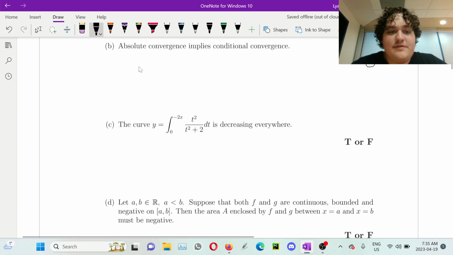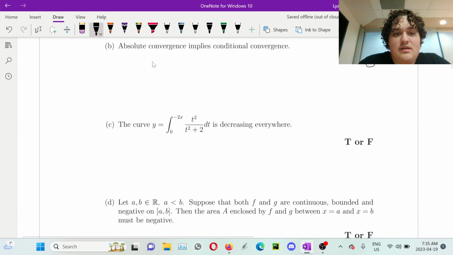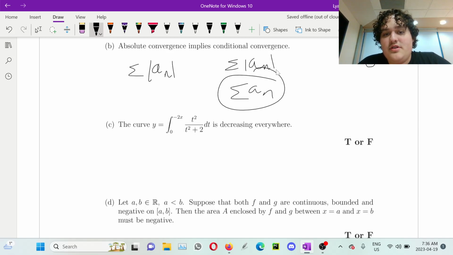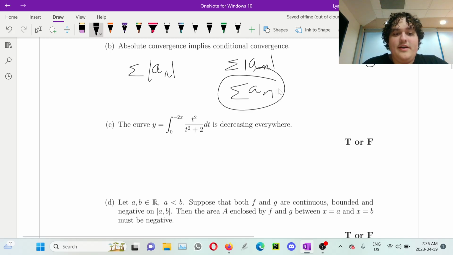Because absolute convergence means that this one converges, right? Conditional convergence means that this one diverges, but this one converges, right? So this one will definitely converge, but that's not what conditional convergence means. Okay.